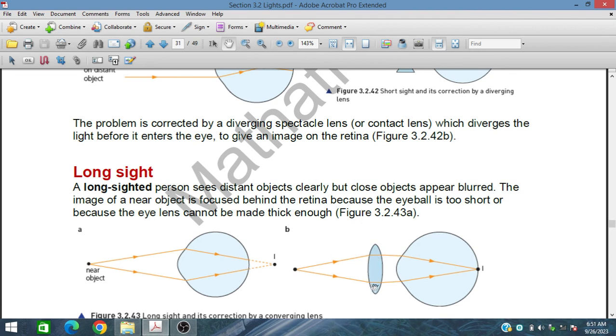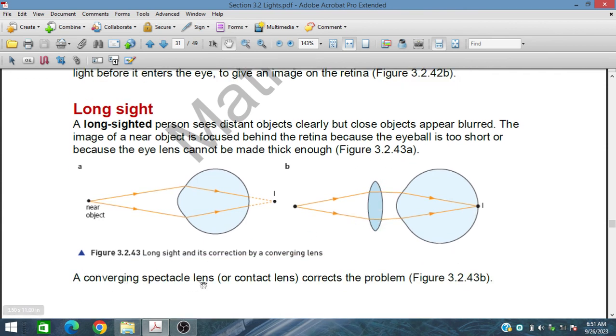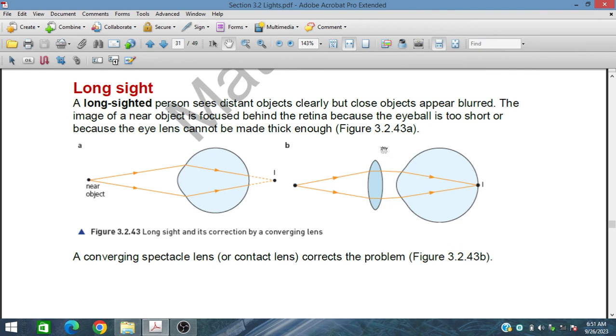If you place a converging lens or a convex lens, the image will be formed at the retina. Near objects focus behind the retina because the eyeball is too short, or because the lens cannot be made thick enough. As a result, we place a converging spectacle lens or contact lens to correct the problem.